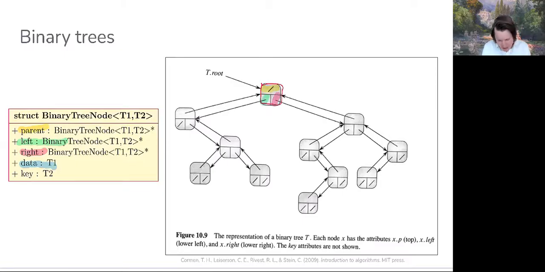Then we said that, to make things a little bit easier, we're also going to have a key, which will be of type T2. The example I provided in the last lesson was, imagine we had a tree of students. Why might we want to organize students in a tree? Maybe by the end of the week, you'll begin to see why.